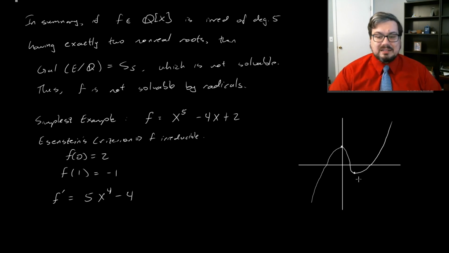So there's no possible way for this function to have more turning points than we've sketched out, which means that it can't have more than three real roots, which means two of its roots must be complex. Exactly two of its roots must be complex, which means that at least one of its roots cannot be expressed using radicals.